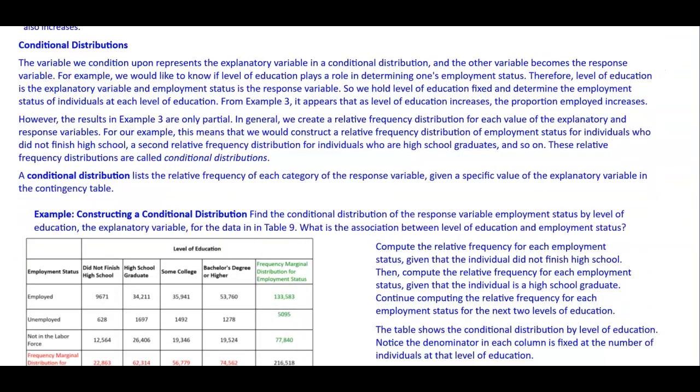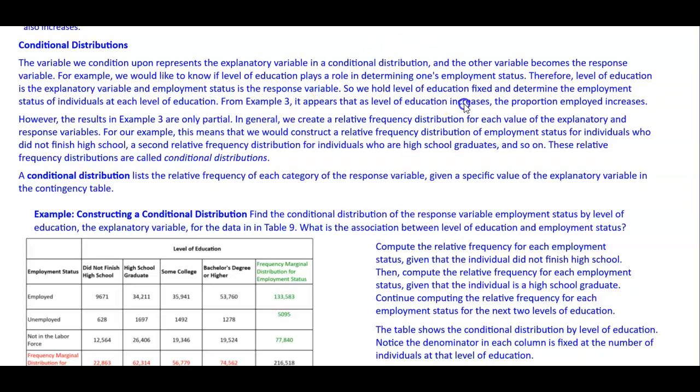In a conditional distribution, the variable we condition upon represents the explanatory variable, and the other variable becomes the response variable. For example, we would like to know if level of education plays a role in determining one's employment status. Therefore, level of education is the explanatory variable and the employment status is the response variable.